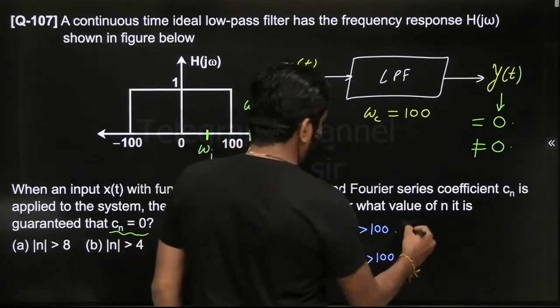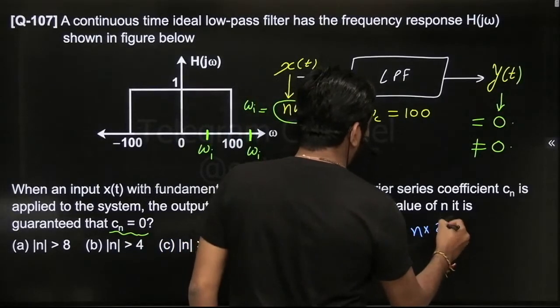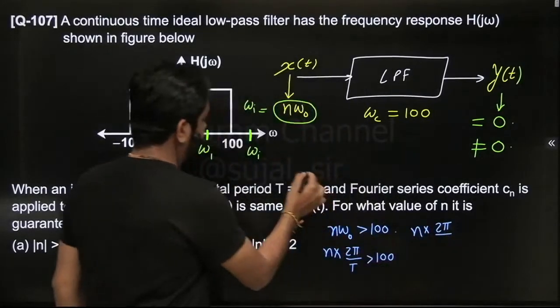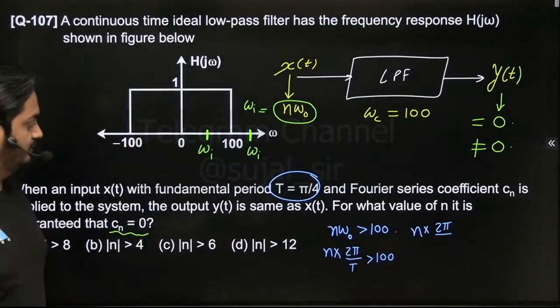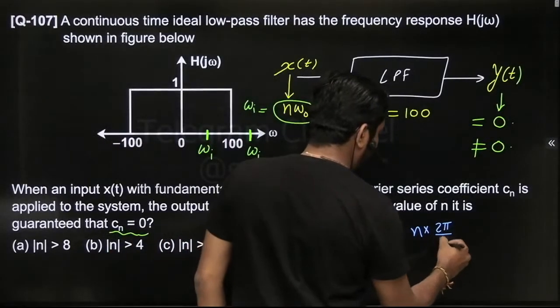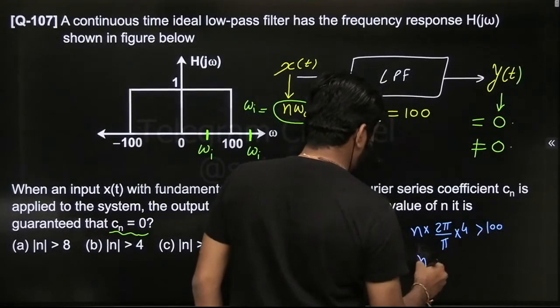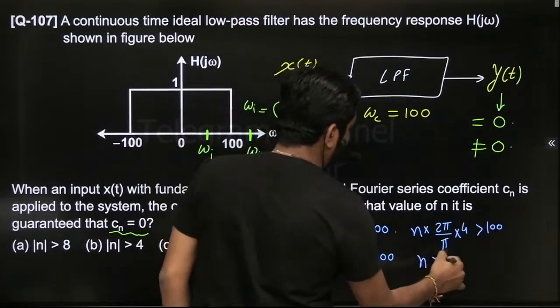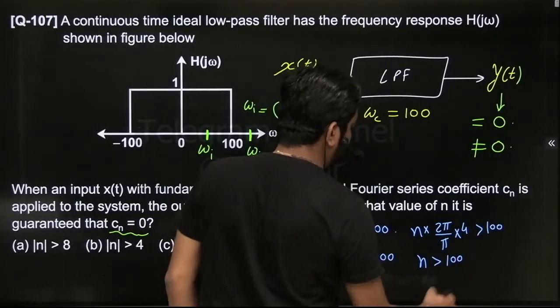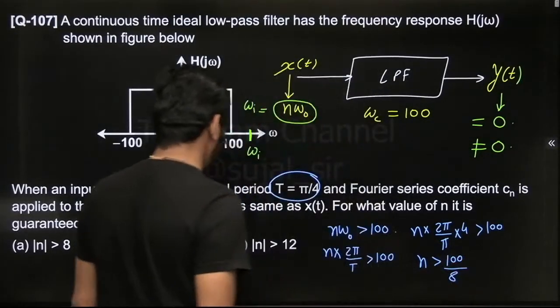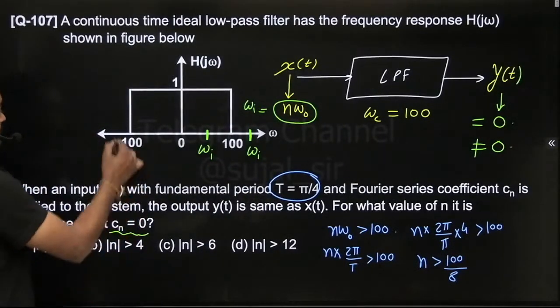So mod n into 2 pi by T is greater than 100. T is given in the question as pi by 4, so 2 pi by T is 8. So mod n is greater than 100 divided by 8. Why mod n? Because the left side also.